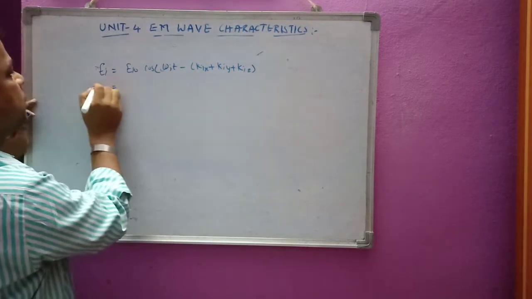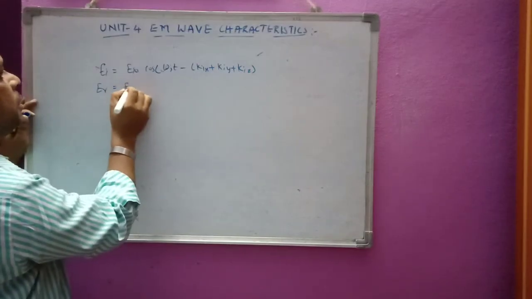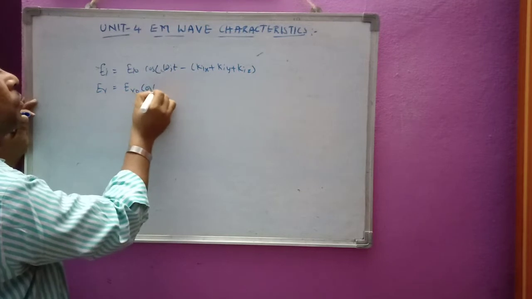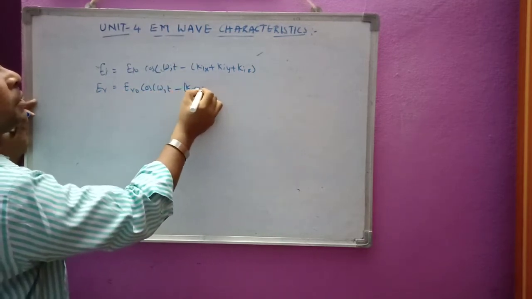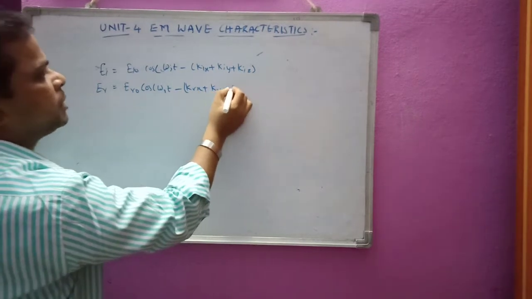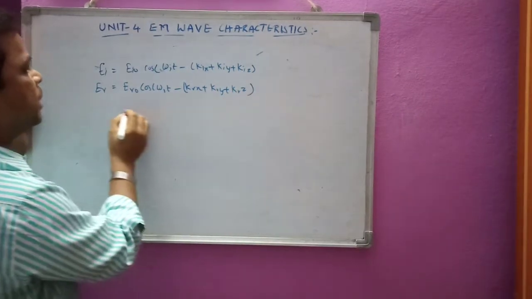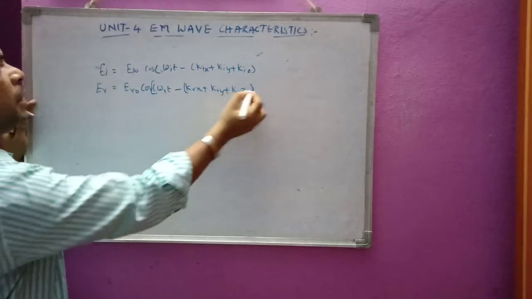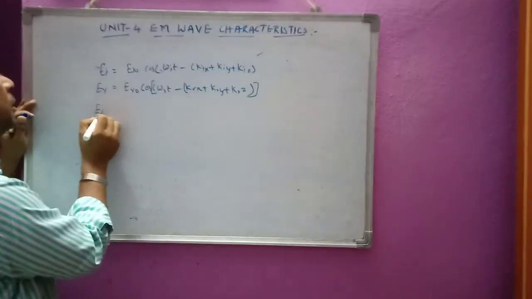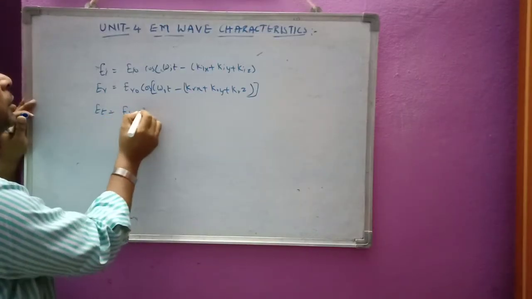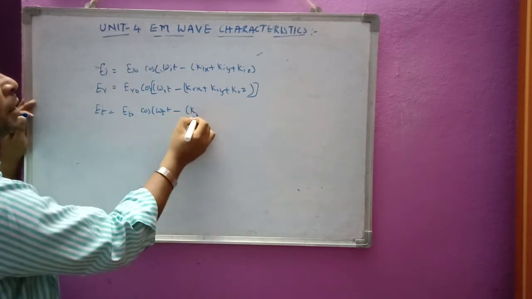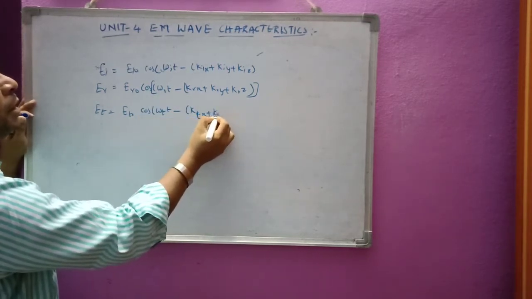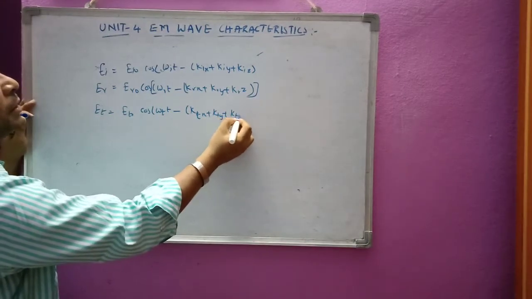Similarly ER I can write as ER naught cos of omega r t minus (krx x plus kry y plus krz z), and similarly ET is ET naught cos of omega t t minus (ktx x plus kty y plus ktz z) here.